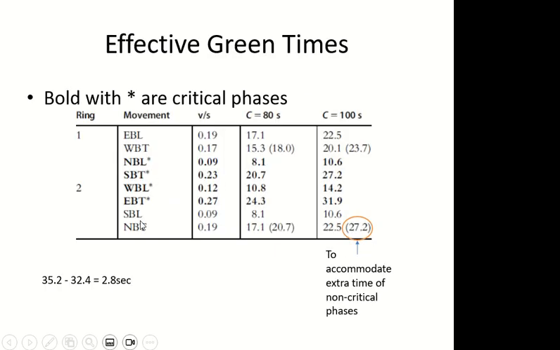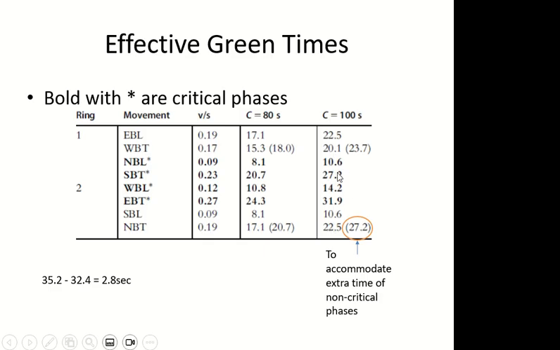Southbound through, northbound through. I got 20.7 here, I got 17.1 here, but according to my phasing plan they are parallel. So I don't need 20.7 and 17.1, I just need 20.7. So both of them become 20.7. According to this cycle length, 27.2 here and 22.5 here.